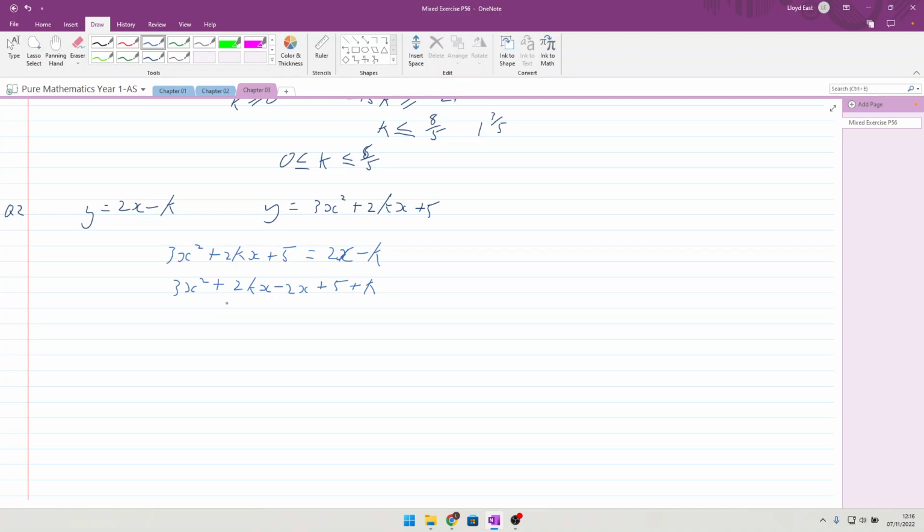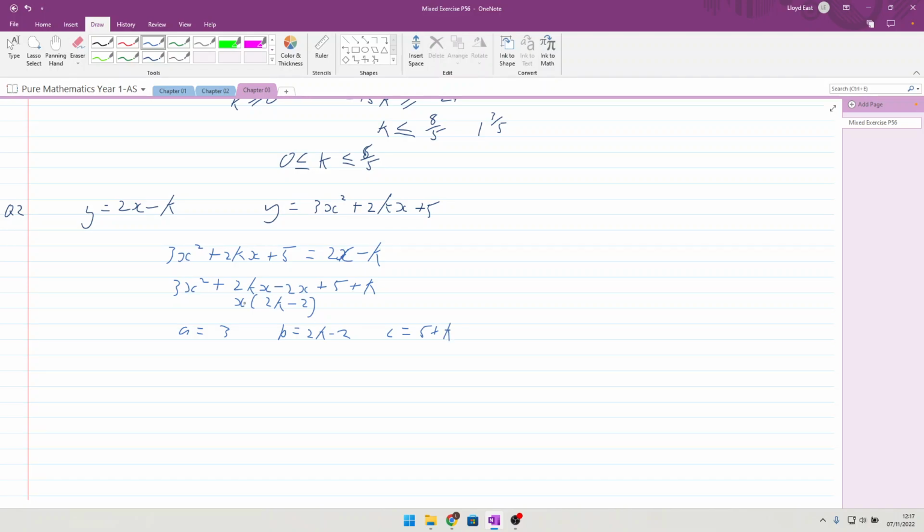So when we factorize out these two terms for an x, we end up with 2k minus 2. So a is equal to 3, b is equal to 2k minus 2, and c is equal to 5 plus k.